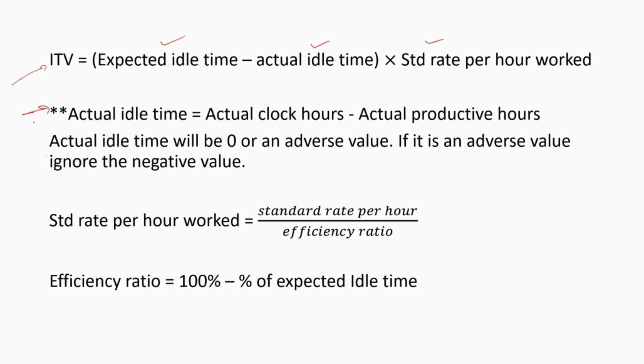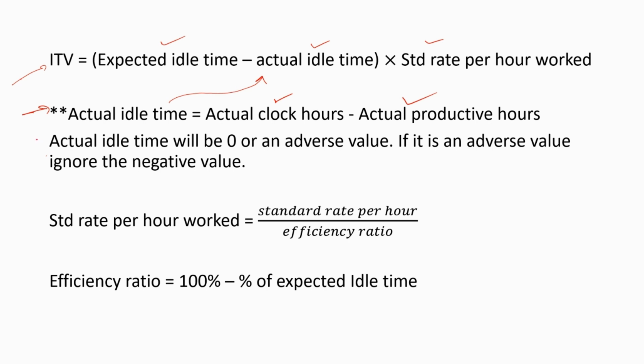This point is very important when it comes to expected idle time variance. Actual idle time can be calculated by using the difference between the actual clock hours and the actual productive hours, because we use this amount to calculate the regular idle time variance. As you can see, the actual idle time value is here.